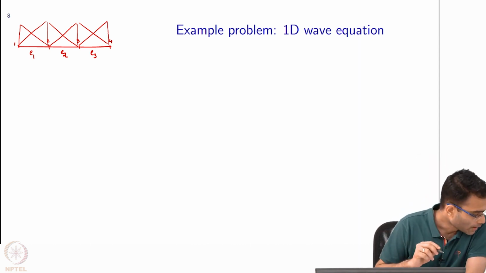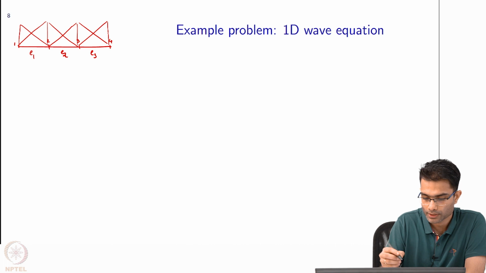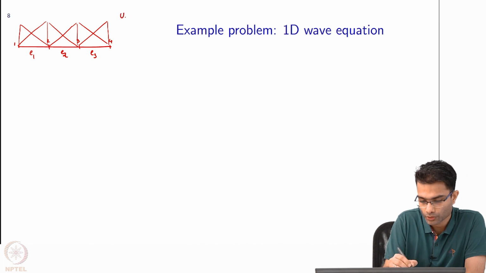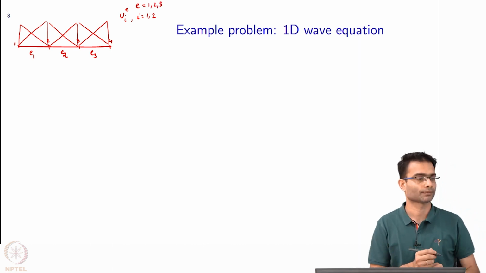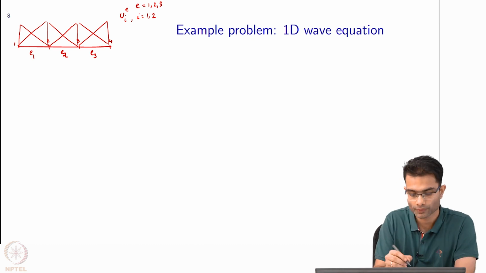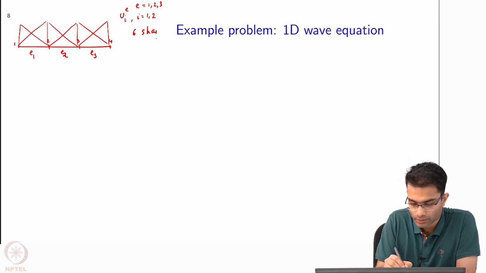This is my u_i, N_i^e, where i is equal to 1 to 2 and e is equal to 1, 2 and 3. So, a total of 6 shape functions.